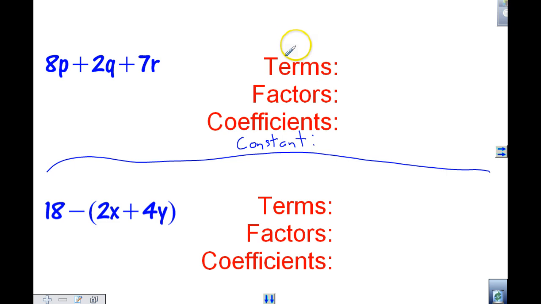So how many terms, by the way? Great. 8p, 2q, 7r. And they're all positive at this point.